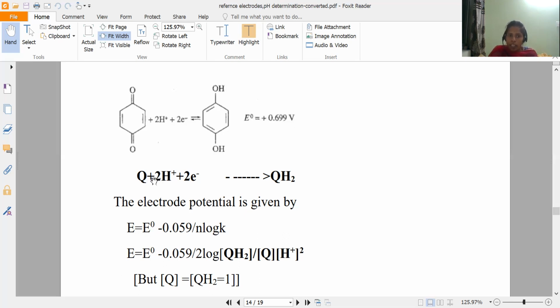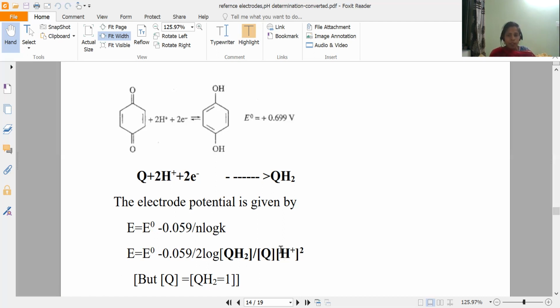Q power 1, H plus power 2. In between that, we have plus; in the place of plus, put the multiplication symbol. So, E naught minus 0.059 by n, which is 2, log of the product QH2 divided by Q into H plus power 2.